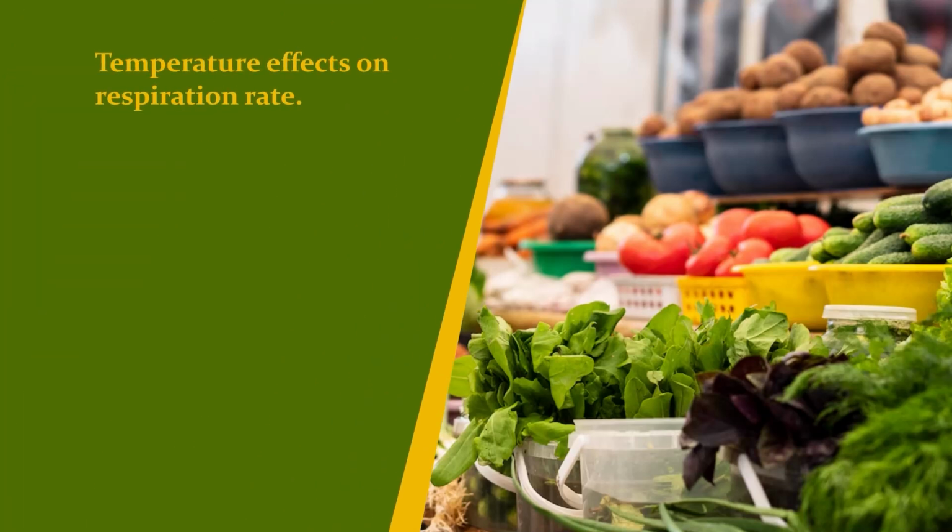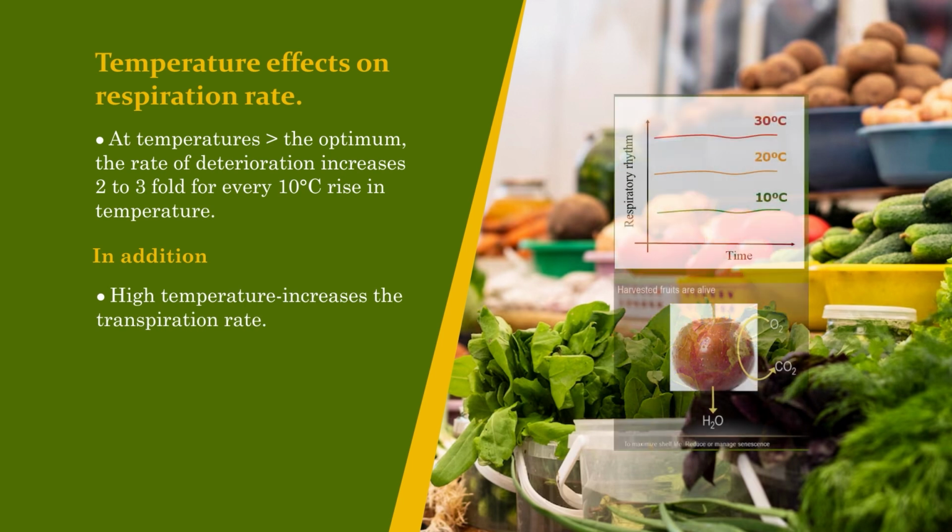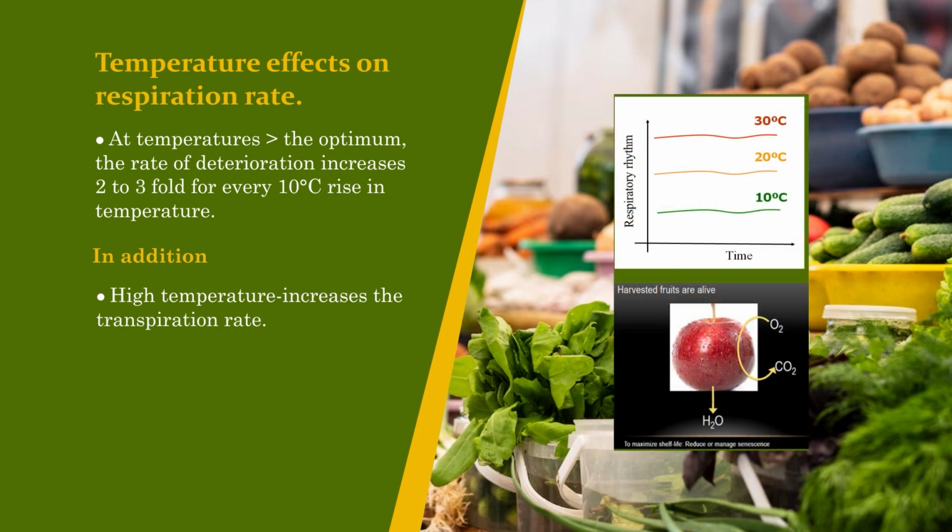For low temperature or cold storage of the fresh harvest, it is very important to see how the harvest behaves, that is, its respiration or respiratory rhythm. An optimum storage temperature is identified for each commodity, each fresh produce.